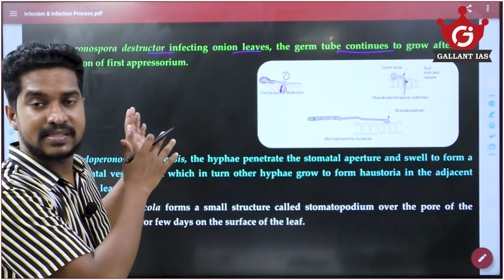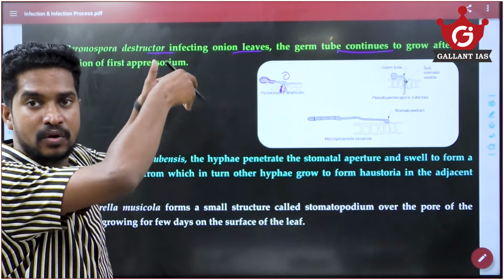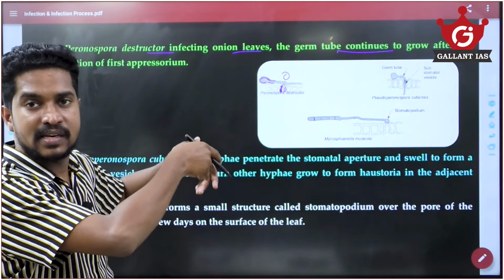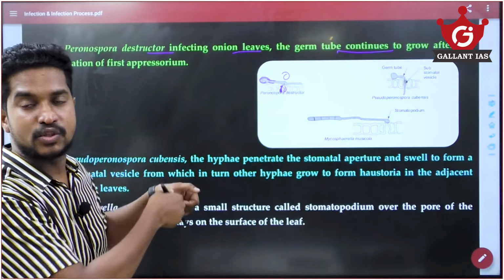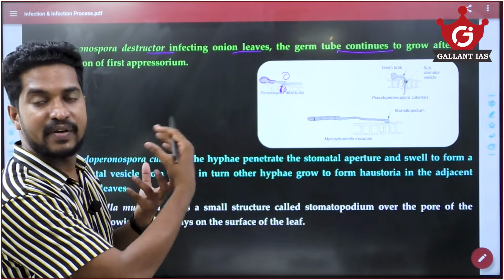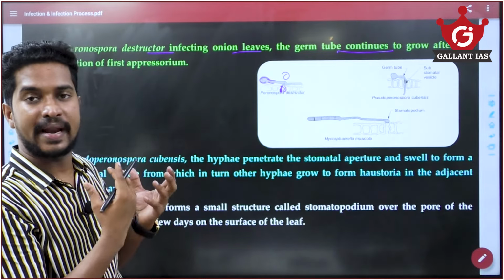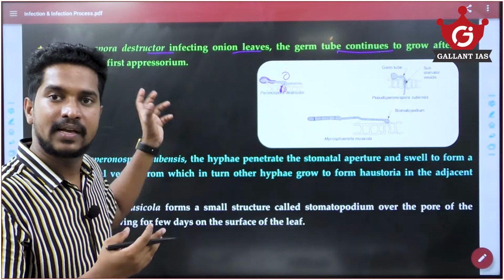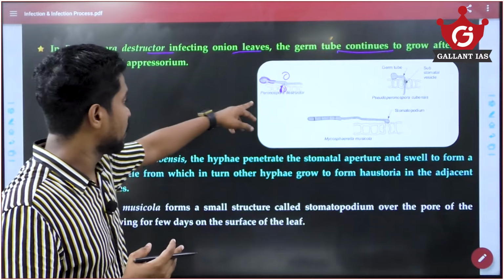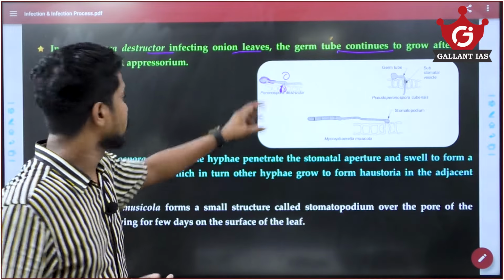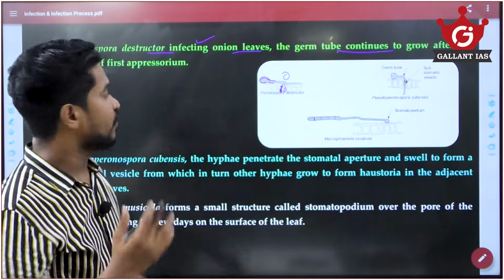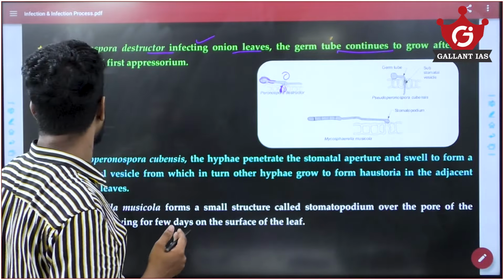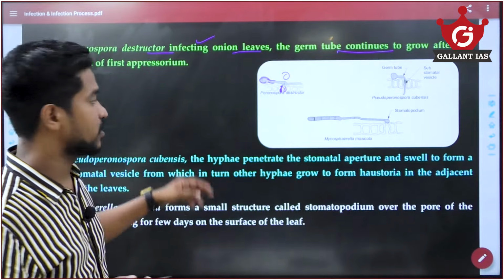In the case of Puccinia graminis tritici, from the appressorium, through the stomatal aperture, a wedge-like structure passes through the stomatal slits and swells inside to form a substomatal vesicle, and from that vesicle the haustoria are formed. But in Peronospora destructor, which infects onion leaves, the germ tube continues to grow after the formation of the first appressorium.